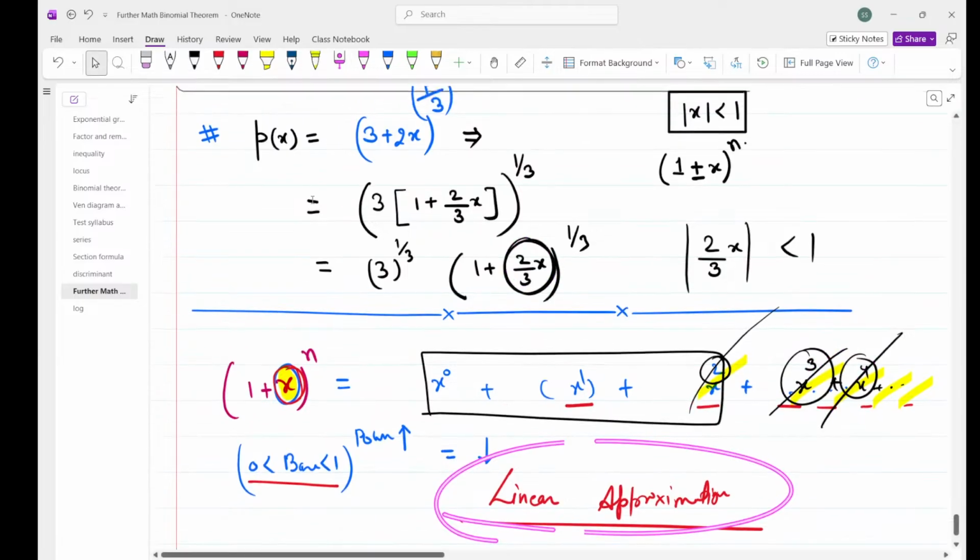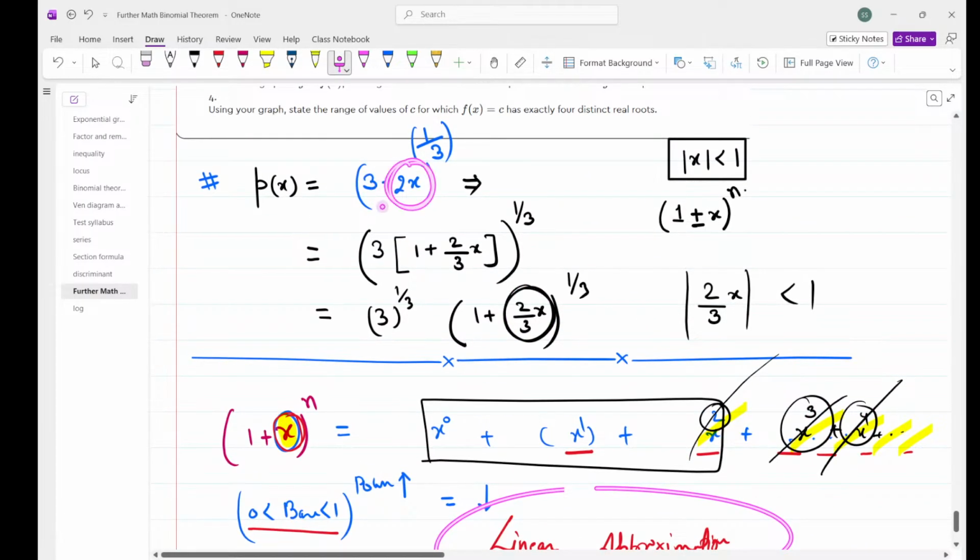Now tell me, you are asking why can't we apply this condition on 2x? Are you guaranteed that this 2x will be less than 1? How will we take this guarantee? And why are we making this first term 1?